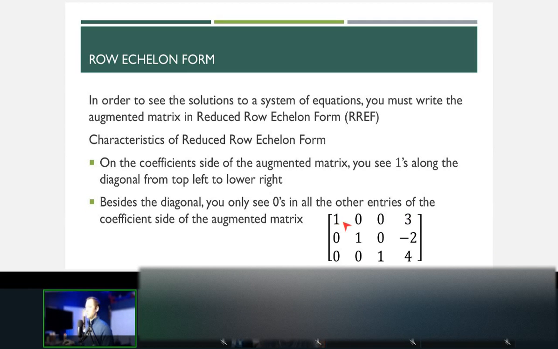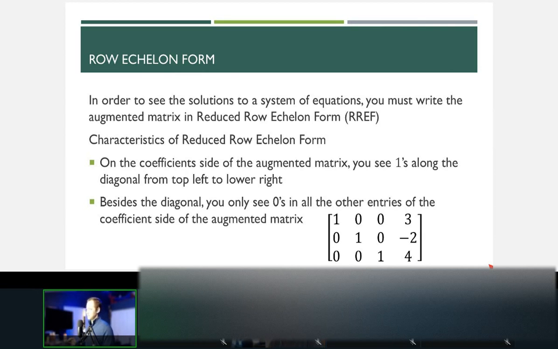So remember, this is 1x equals 3. This says 1y equals -2. And this is 1z equals 4. So this tells us x equals 3, y equals -2, and z equals 4. In coordinate form, it would be (3, -2, 4), the ordered triplet form x, y, z. If we were to graph it, it would be a 3-dimensional graph, right?